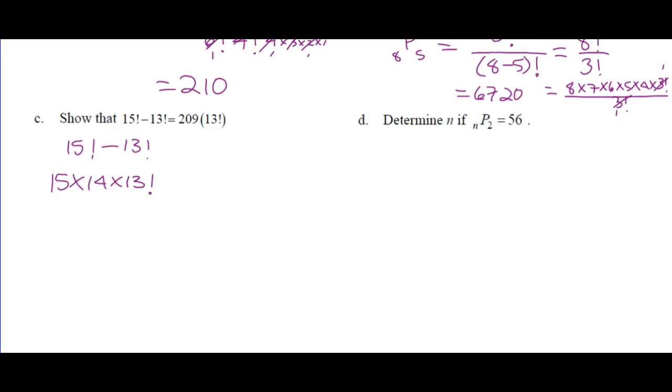Remember, I can stop an expansion anytime. Now, why stop there? Well, they both have a 13 factorial, right? So it's a common factor, so we can factor it out. So it's 13 factorial, and we've got 15 times 14 minus what? Minus 1. What's 15 times 14 minus 1?